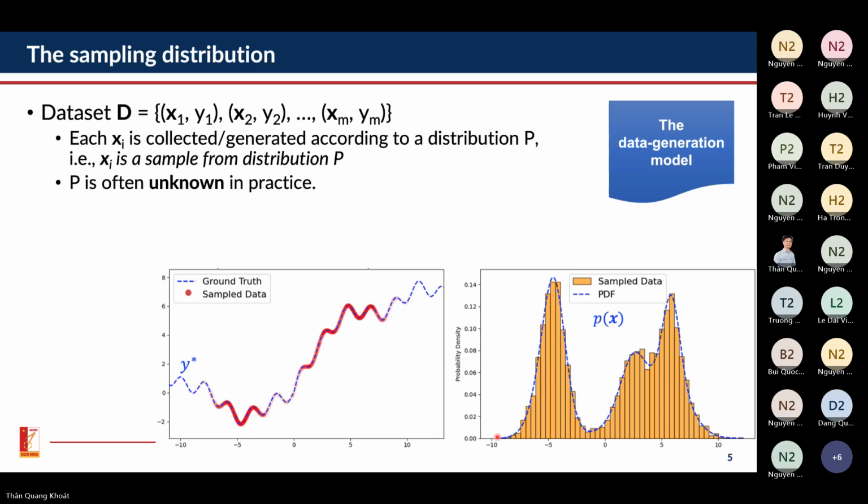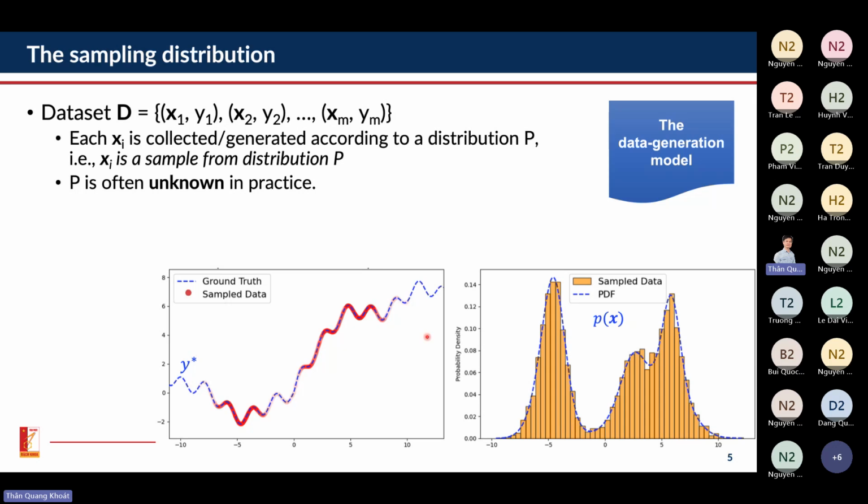The green line here, the blue line, represents the density of the data distribution. Our distribution can be complex. In practice, you can collect some samples around this area, some around this area, and few samples around this area.